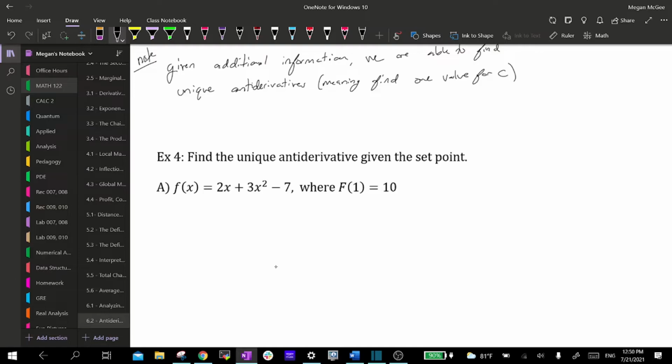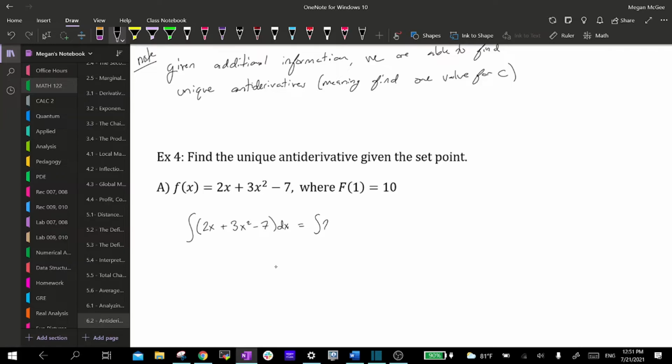So let's see how this is going to work. First, we need to take the antiderivative, right? We need to take the integral. So let's go ahead and do that. We're going to take the integral of 2x plus 3x squared minus 7 with respect to x. We're going to break this up into 3 different integrals.